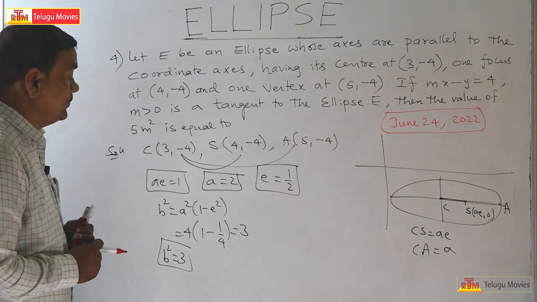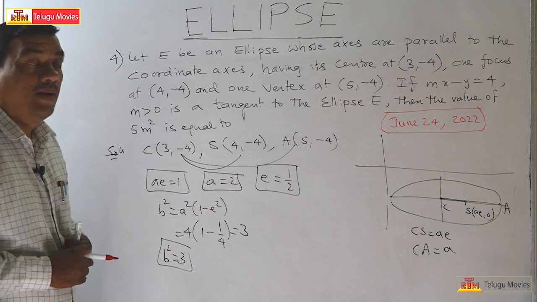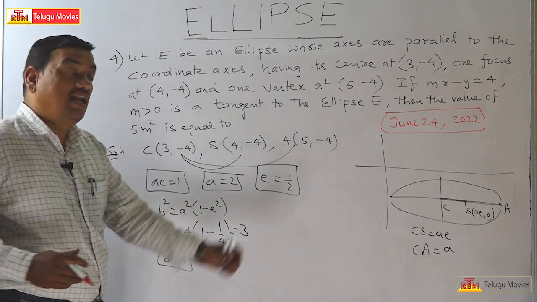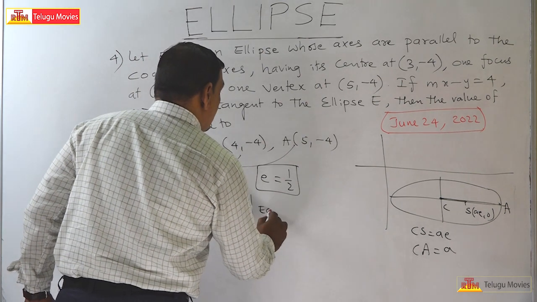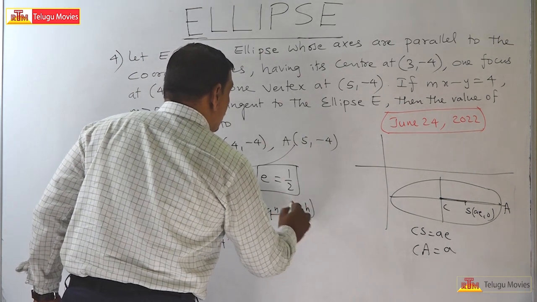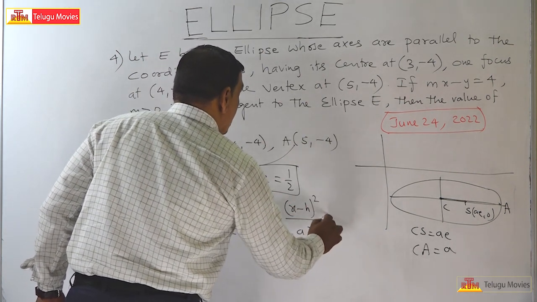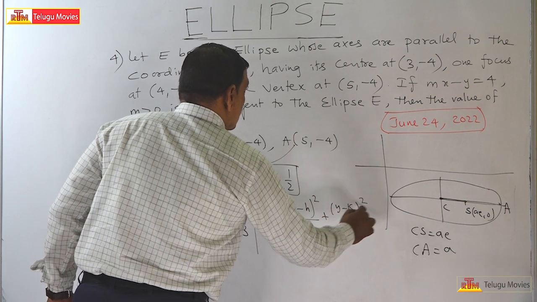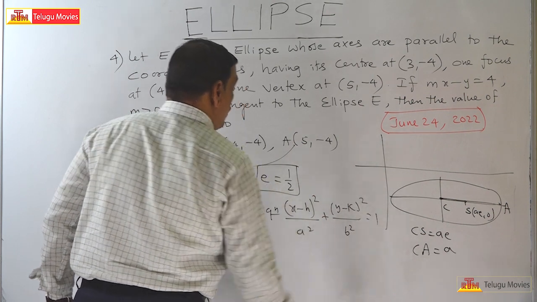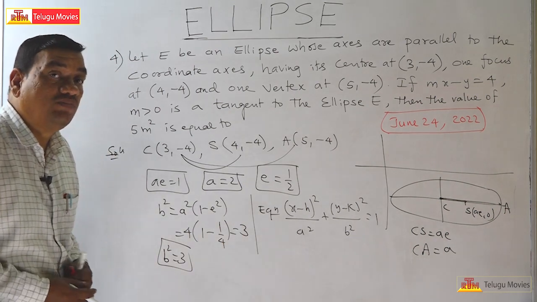So now what is the equation of the ellipse? The equation of the ellipse will be x minus h whole square by A square plus y minus k whole square by B square is equal to 1, where h comma k is the center of the ellipse.